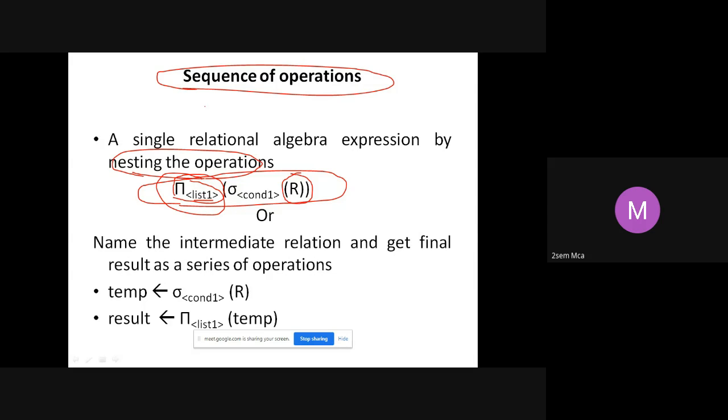Okay. Now, this same operation, I can split into a series, or a sequence, of operations. What I am doing is first performing the select operation on the relation R. Whatever result I get, I am going to call that resultant table temp.